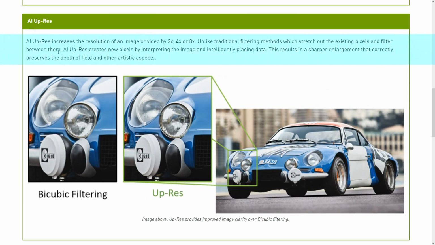This is AI UpRes. AI UpRes increases the resolution of an image or video by 2, 4, or 8 times. And unlike traditional filtering methods which stretch out pixels, AI UpRes creates new pixels by interpreting the image and intelligently placing data.